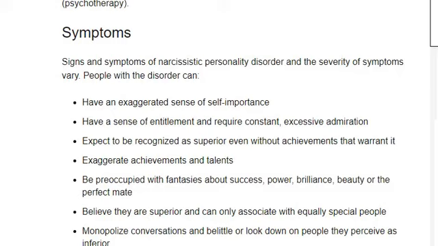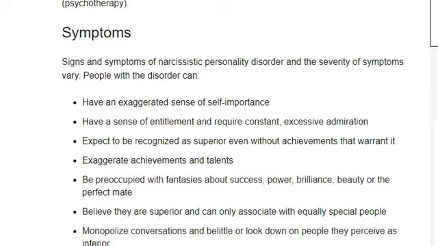They have an exaggerated sense of self-importance. They have a sense of entitlement and require constant and excessive admiration. They expect to be recognized as superior even without achievements that warrant it. They exaggerate achievements and talents. They are preoccupied with fantasies about success, power, brilliance, beauty, or the perfect mate.